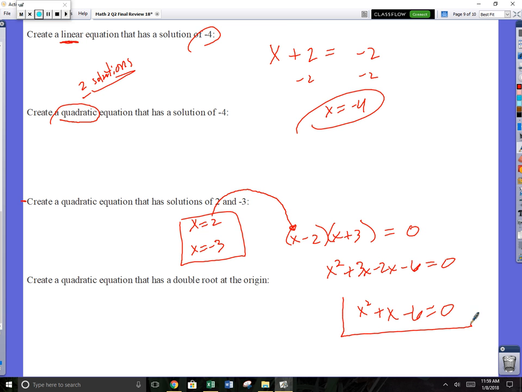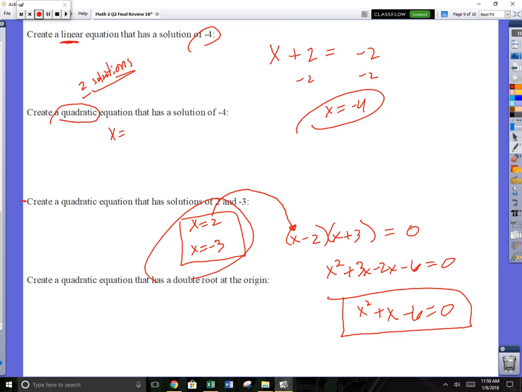This quadratic equation is one of infinitely many that will give me these for the solutions. So now, if it's got a solution of -4, it has it actually twice.